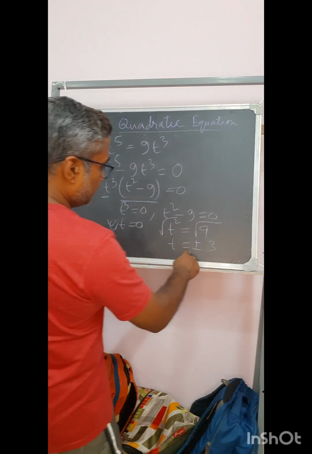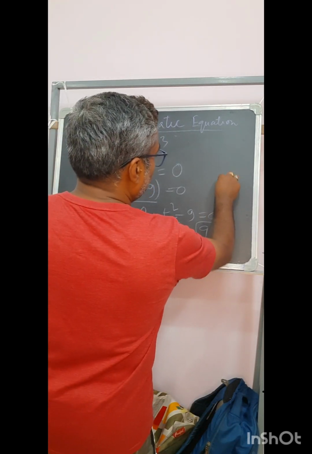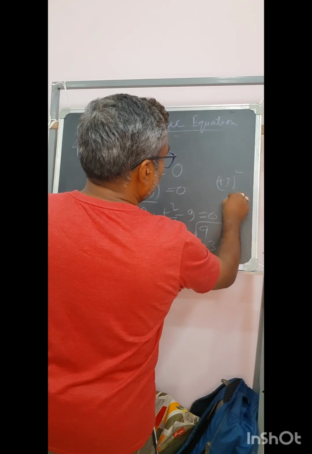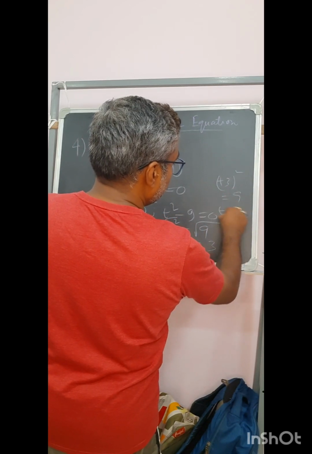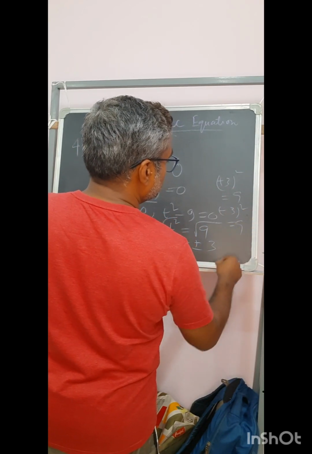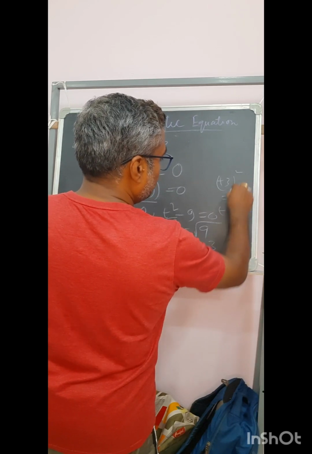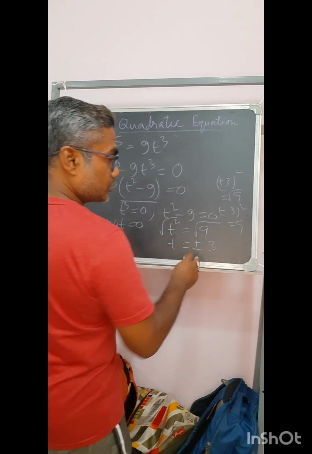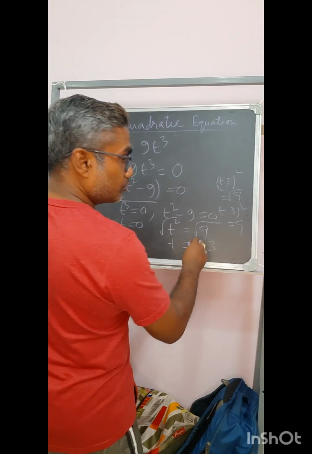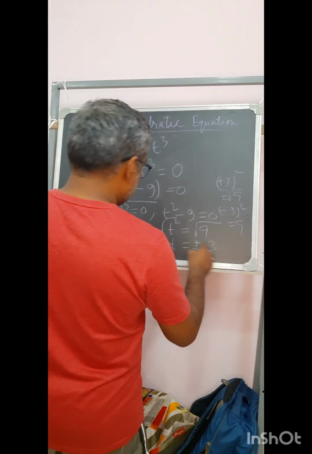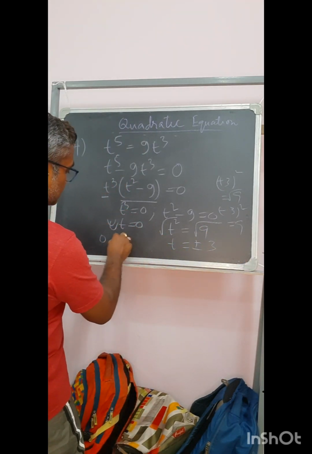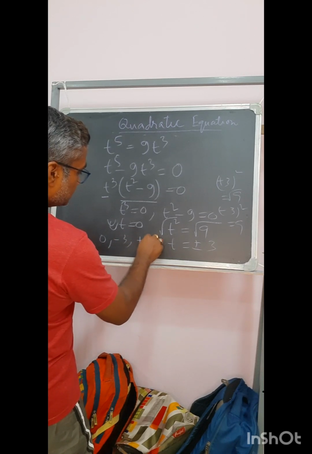So t will be plus and minus 3, because plus 3 whole square will give you 9, and minus 3 whole square will also give you 9. So whenever you take the square root of 9, both plus and minus are possible. So you have to write that. So there are three solutions for this case: 0, minus 3 and plus 3.